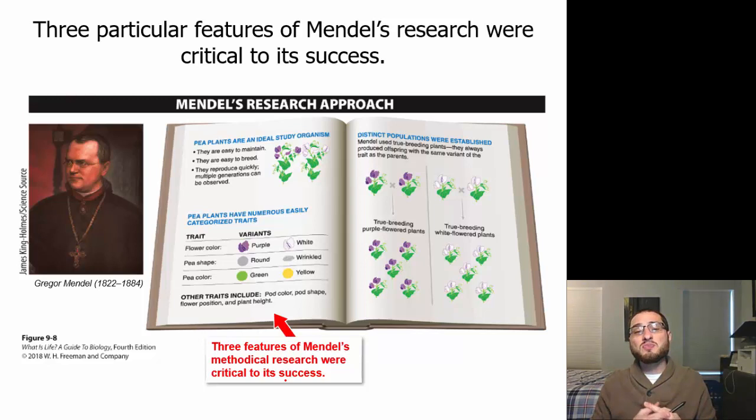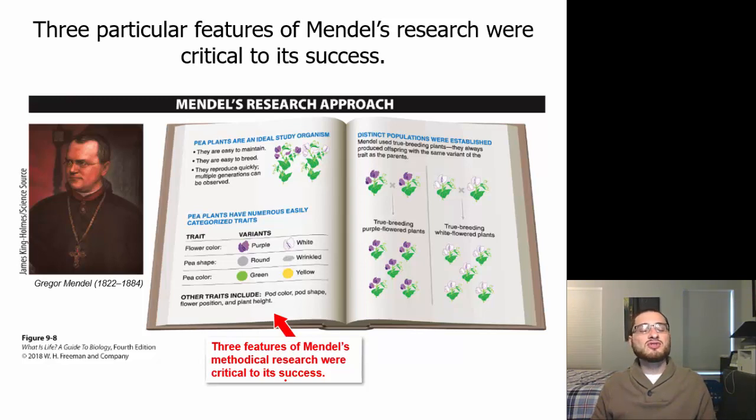So he took these pea plants that he had, and he started to explore genetics, what we consider Mendelian genetics. And when we move forward and talk about the more complex ideas, we can call them non-Mendelian genetics. But pea plants are an ideal study organism because they're easy to maintain, easy to breed, and they reproduce very quickly.